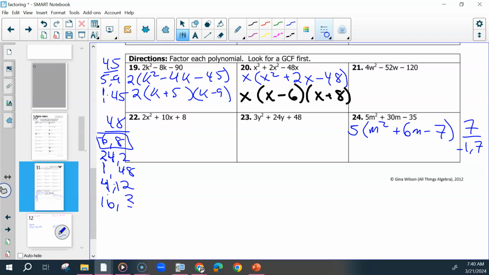Negative 1, positive 7. So 5 times m minus 1, m plus 7. Any other questions there? Okay.